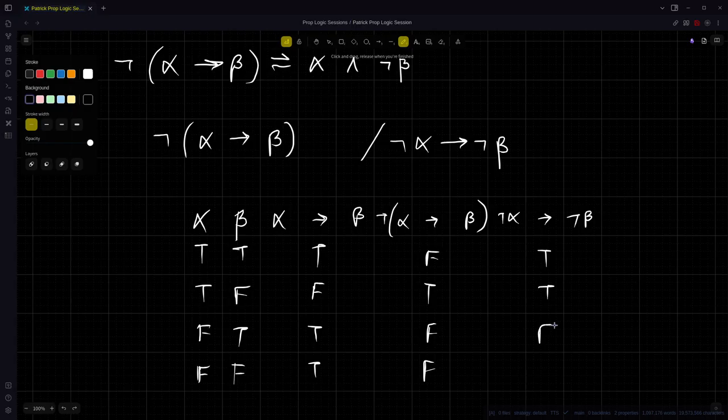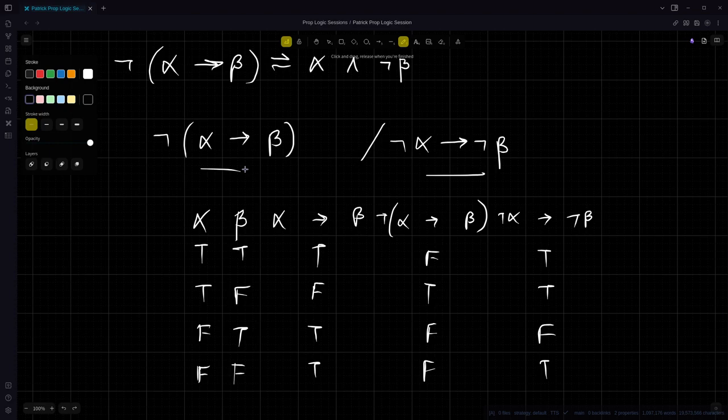True, true is true. So they're not the same. So it's not a valid rule then. They're not equivalent. This is not equivalent to this.